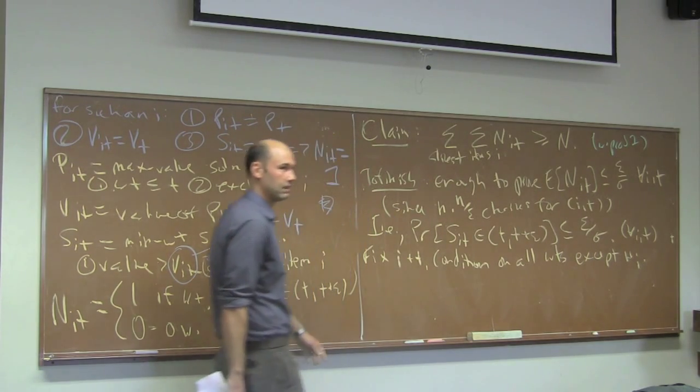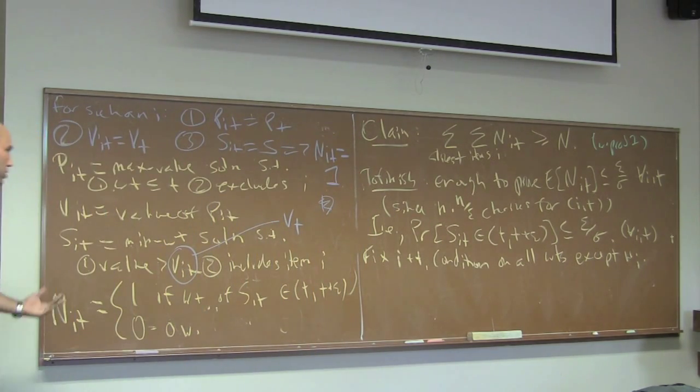With everything fixed except for I's weight. So let's just go through step by step. How is SIT defined? So the first thing we do is we look to the left of T, and we say, what's the optimal solution that excludes I, the max value solution that excludes I? So this is optimizing only over solutions where I is not a member. I is the only thing that's random at this point, okay?